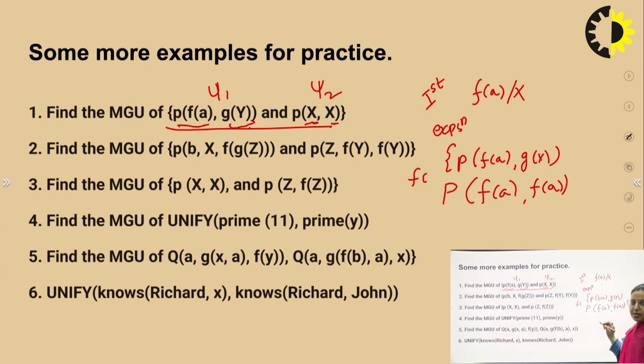Here you can see that these two sentences can never be identical. So instead of wasting your time, you can check the condition here. If the condition is not fulfilled, then it cannot be unified. So here the unification has failed.